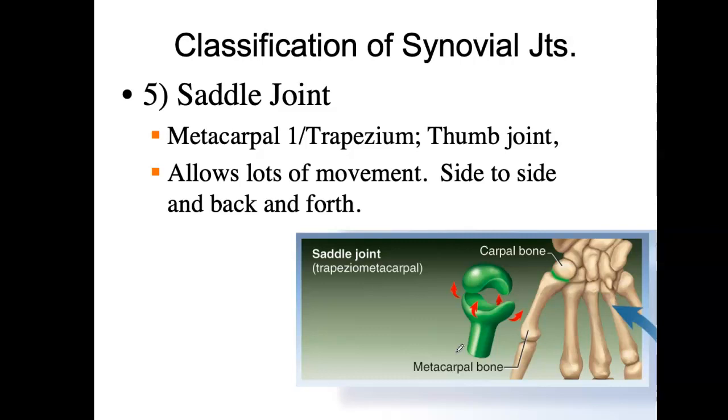So it has so much movement, the thumb, that to do that, you need a very complicated saddle joint. This is why you have an opposable thumb, because you have that joint that allows it to move in so many directions. Are you finding this amazing? Because it is amazing.